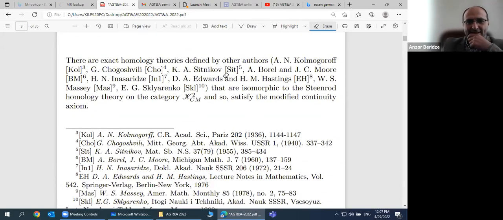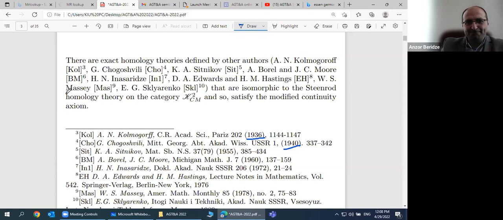And after that, there were several papers given by several authors. For example, Kolmogorov's paper was related to exact homology theory. This was before Milnor, but it was defined only in the case when the coefficient group is a compact topological group. And Chogoshvili's homology theory is an exact homology theory, as are Sitnikov's, Borel-Moore's, Inasaridze's, Edwards and Hastings'.